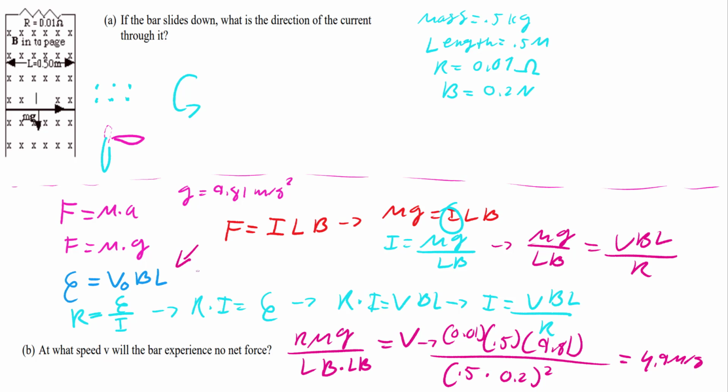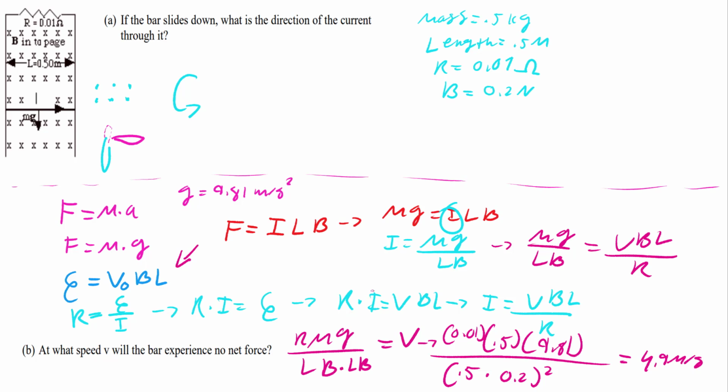If I solve for EMF, I have that resistance times amps is equal to EMF. So it's equal to this guy. So we could say that R times I is equal to VLB, and I'm trying to solve for my velocity, V sub naught.